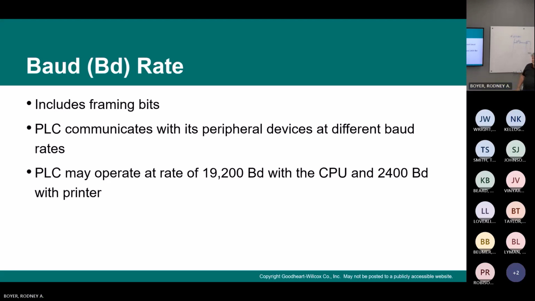Baud rate. You guys know what the word baud means? No, it's like a bid.